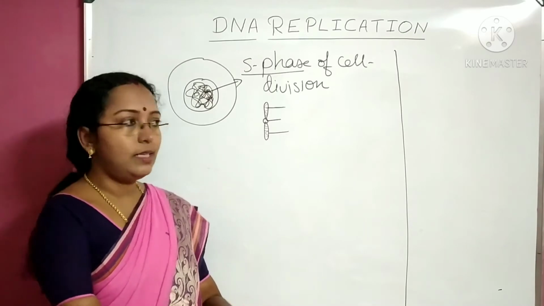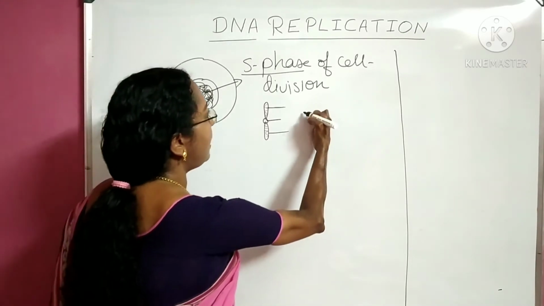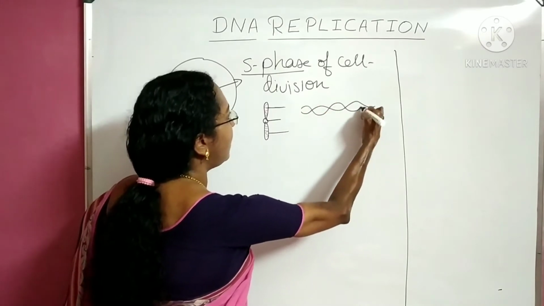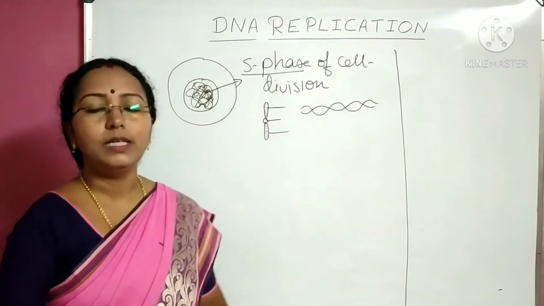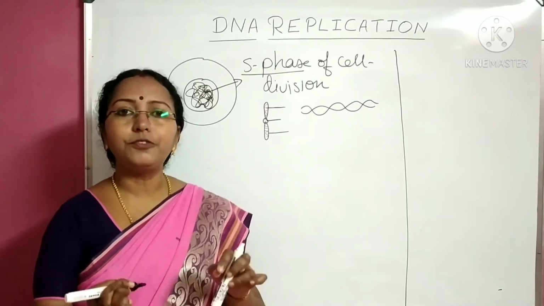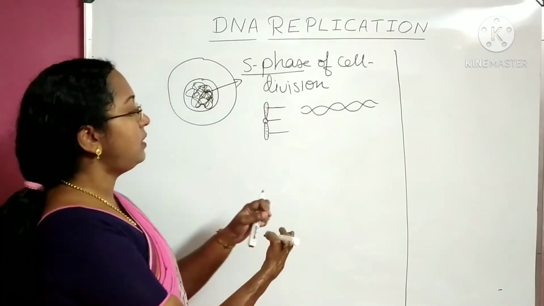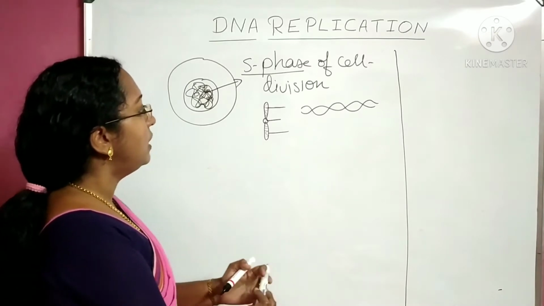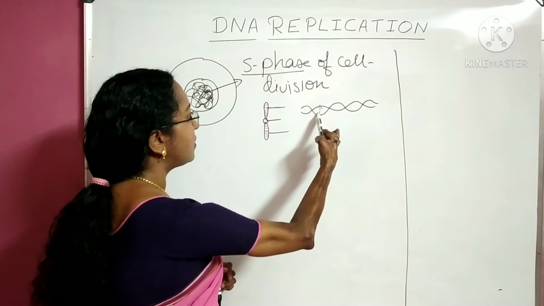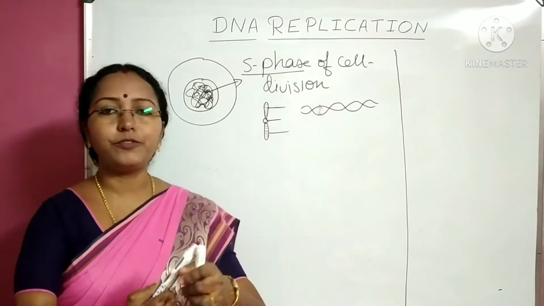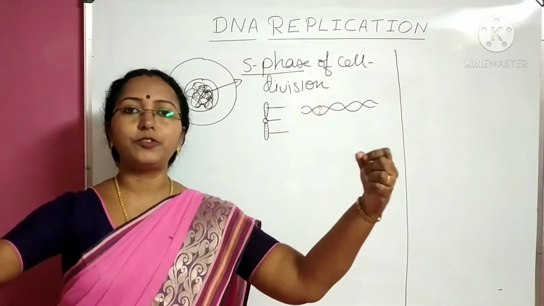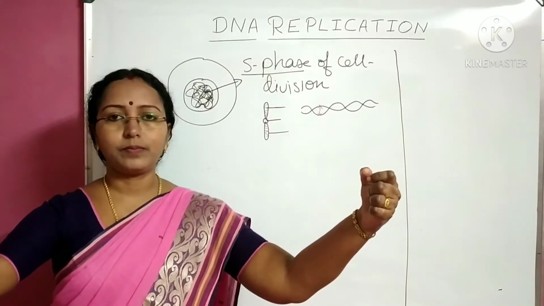This DNA, present as a double helix, has to replicate into two. So first and foremost, for this DNA to replicate into two, its two strands have to be separated. The two strands have to be opened up.